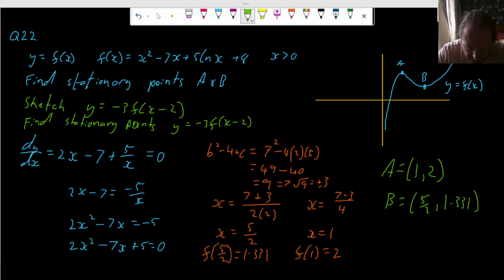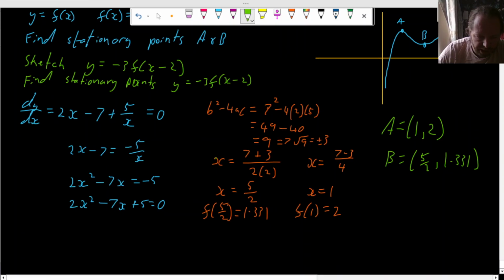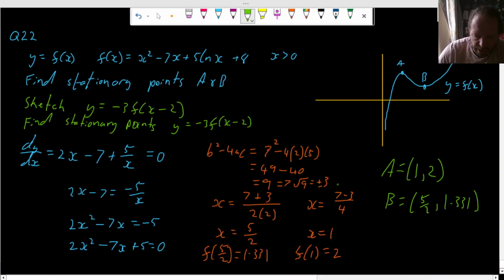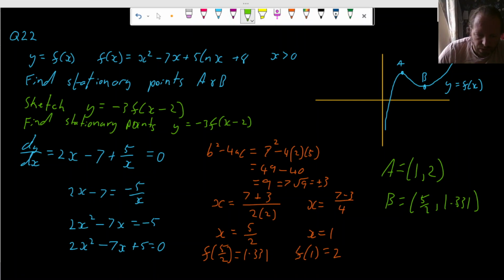Looking at the answers in the book, that's fine. They do give their answers as exact ones rather than just sticking them straight into the calculator. So I suppose we should do that, especially for this 1.331. So what would that be?